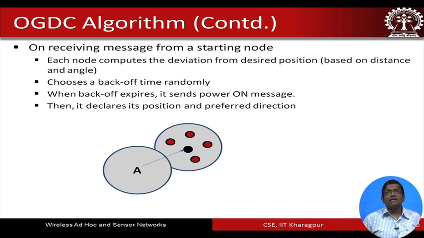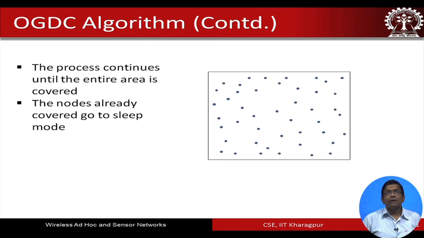On receiving the message from a starting node, each node computes the deviation from the desired position based on the distance and the angle, and chooses a back-off time randomly. When the back-off time expires, it sends the power-on message, then it declares its position and the preferred direction. The process continues until the entire area is covered.